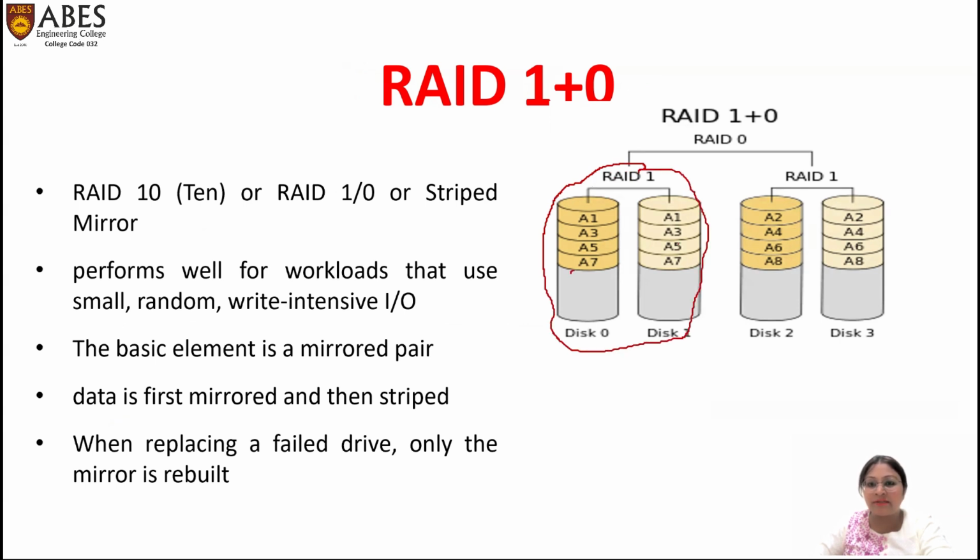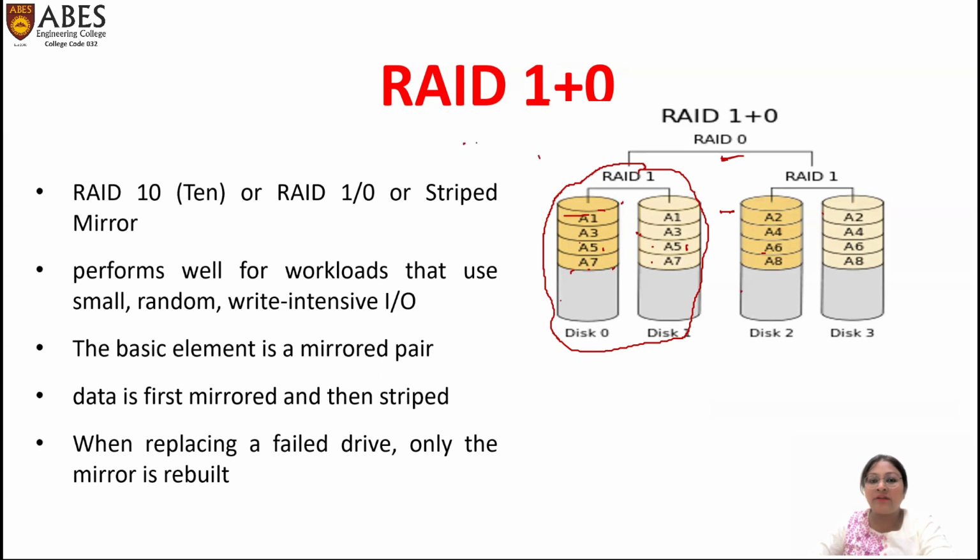In this, A1 is replicated as A1 in this one, A3 is replicated as A3 in this one, A5 is replicated in A5, A7 is A7. And similarly, it utilizes the benefit of RAID 0, where the data is stored in a striped manner, like A1, A2, A3, A4, A5, A6, A7, A8.